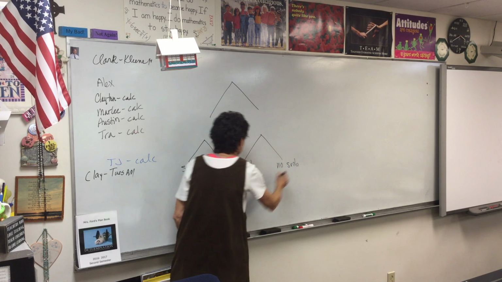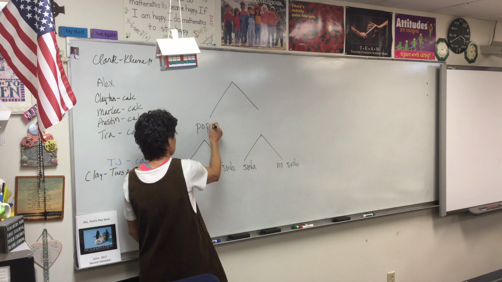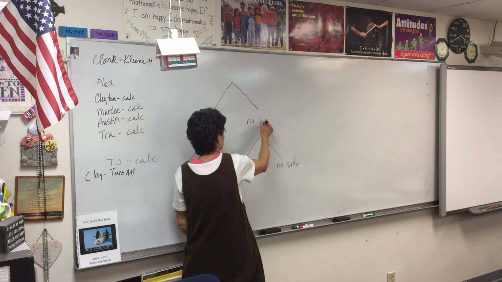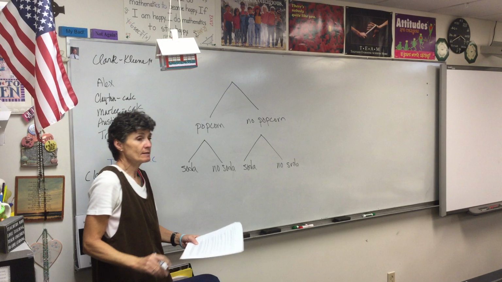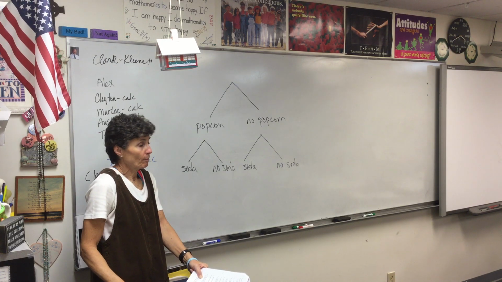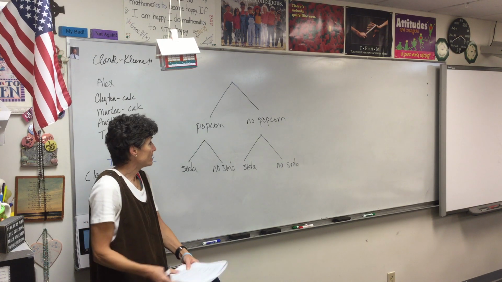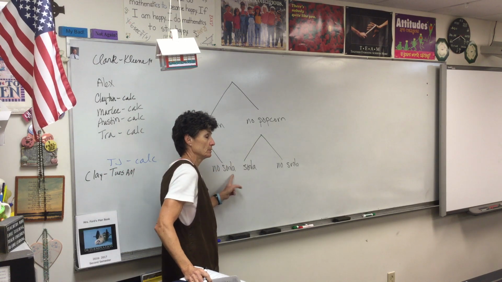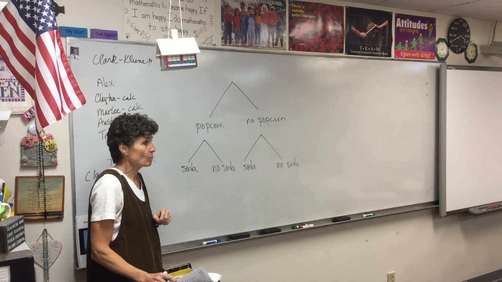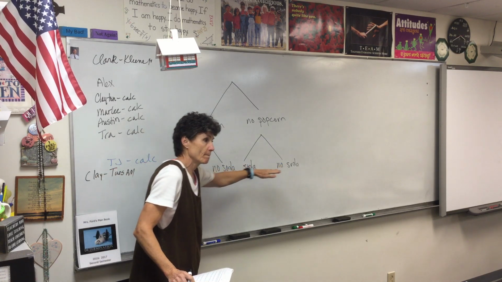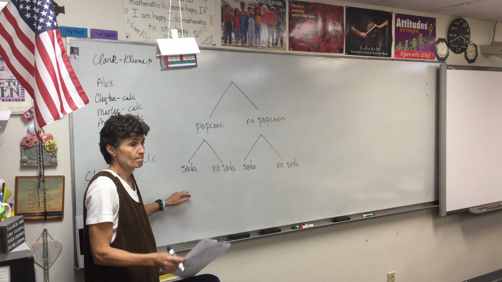That automatically means that this is popcorn and no popcorn. The two things in the problem are popcorn and soda. You either have it or you don't. The question is, tell me the probability of soda, so that's your bottom row. That's your bottom row every time.